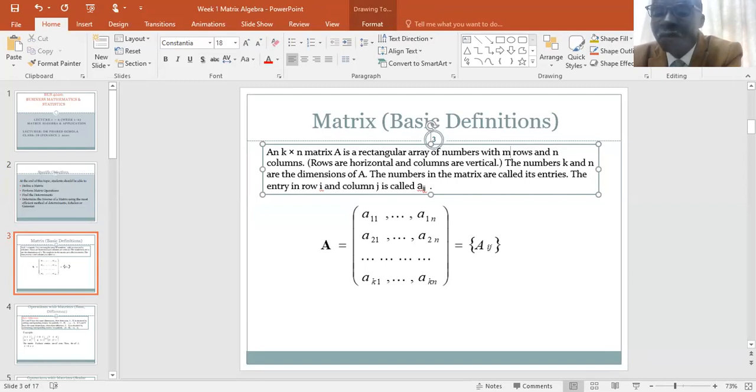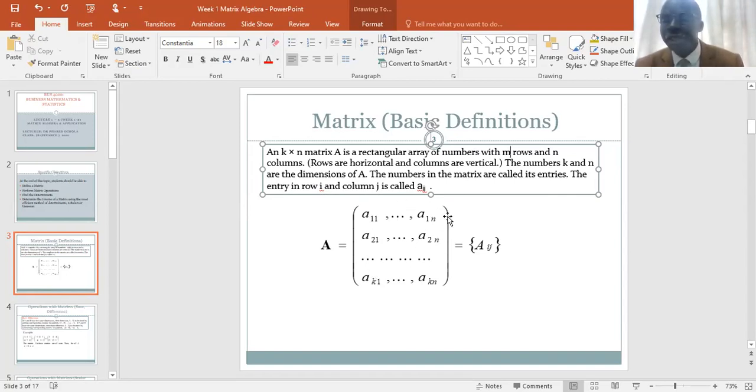So in the context of matrix algebra, when we see m, we know you're talking about rows. When you see n, we know you're talking about columns. We know rows run from left to right. Columns run top down, not vice versa.